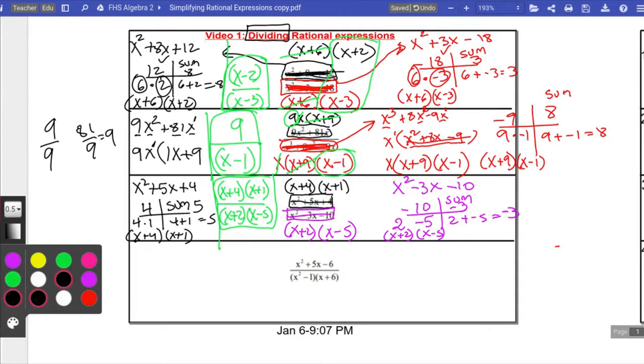All right. So let's take this right here. We're going to write it on the left side. X squared plus 5x minus 6. Same deal. The sum got to be 5. What two numbers multiplied to negative 6 give you a sum of 5?